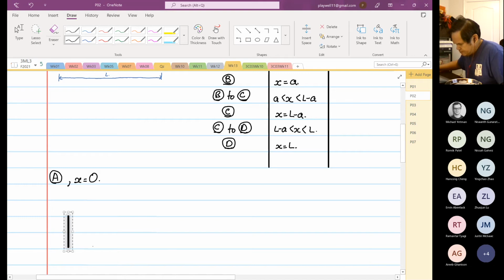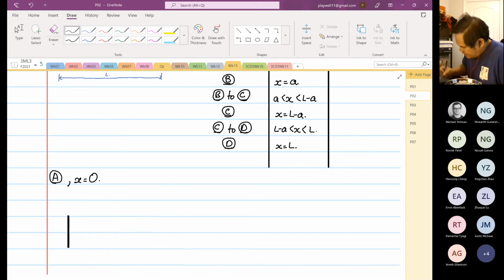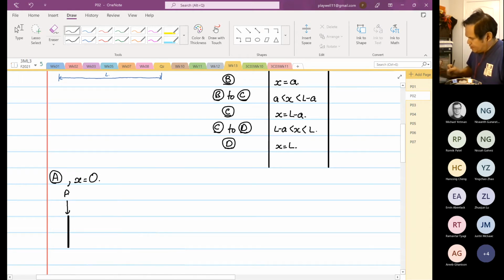That's our beam, and over here we have a load P. Then we have our geometric datum, and this distance is our x. We know x is equal to 0, and we are going to assume positive shear and positive bending moment. So V as a function of x, and this is M as a function of x.